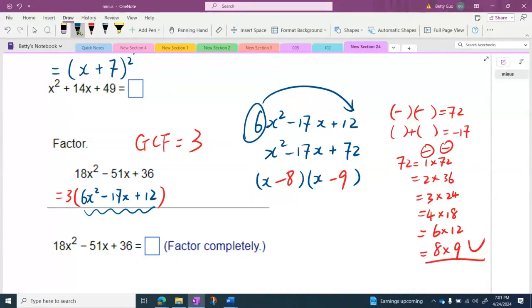And then divide the two numbers by the original leading coefficient and simplify. Negative 8 over 6 is negative 4/3. Negative 9 over 6 is negative 3/2. And then slide it back.